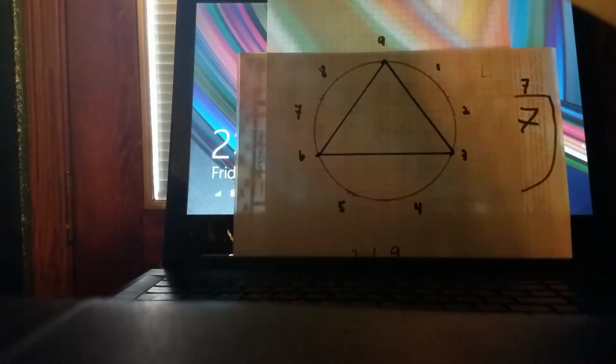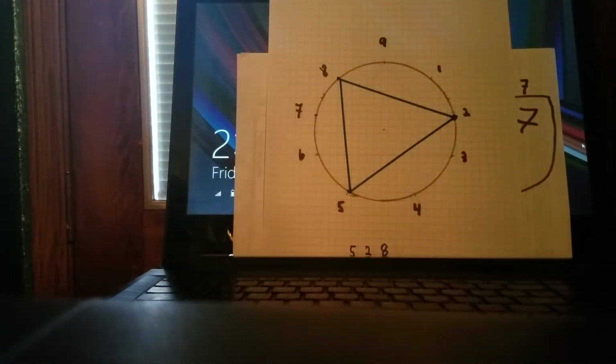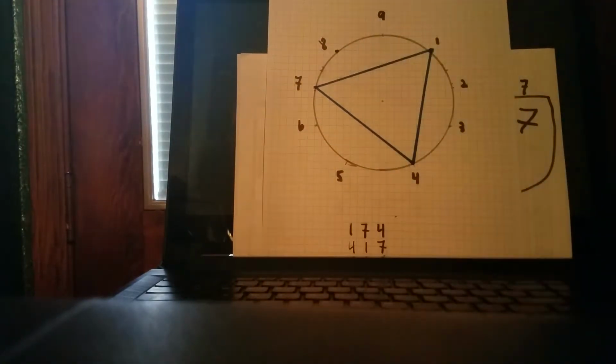You're going to get the right answer. So here I just drew the lines together with the 528, 258, 825 code, and we get a similar equilateral triangle. It's not only similar, it's identical. And if we draw the lines together, 174, 417, 714, it's also an identical equilateral triangle.